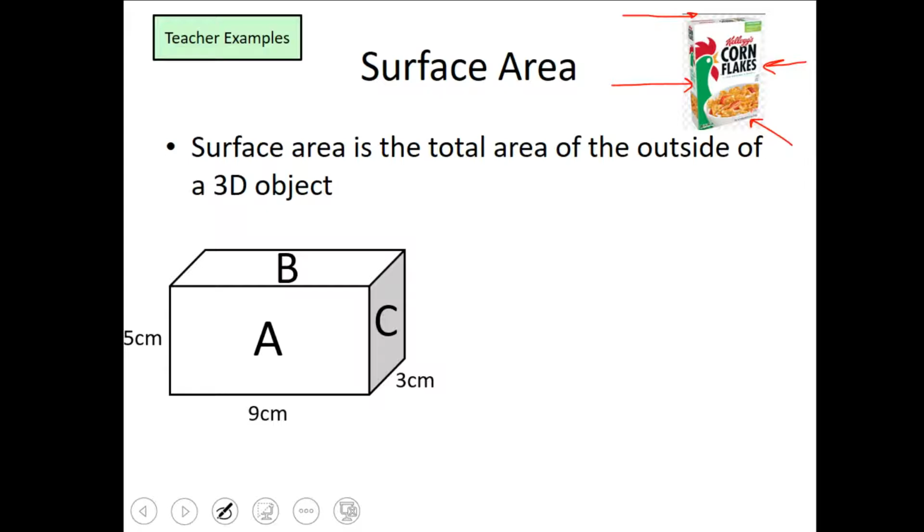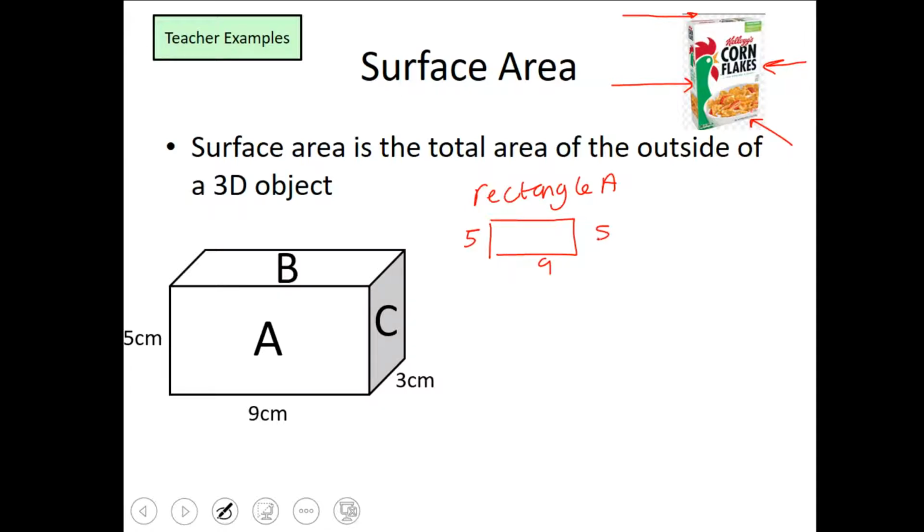So we have to break this up into 3 rectangles, just like I've done there. So we've got rectangle A first. So that's the front of the shape. So that's the front of that box. So the area of rectangle A is 5 times by 9.